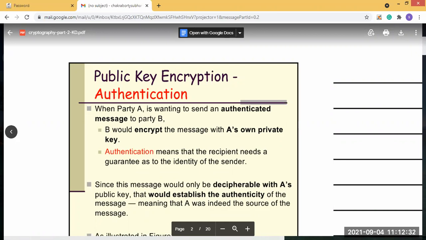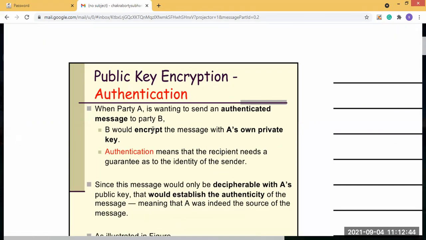Authentication means that the recipient needs a guarantee that the message comes from the identity of the sender. Party A wants to tell party B that yes, I am party A, and the message you are receiving is from me. To know that, an authentication message should be used.